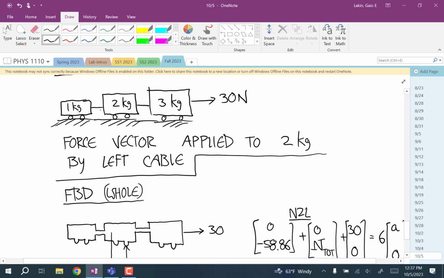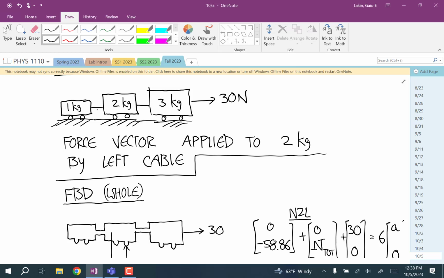So we can't in one step do it with the 2 kilogram cart.